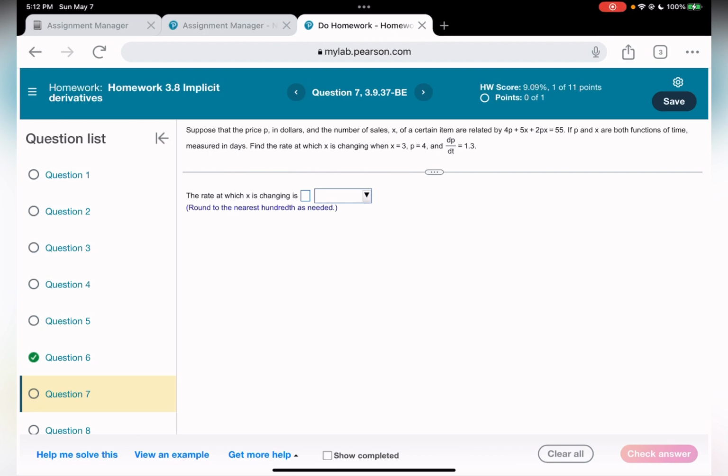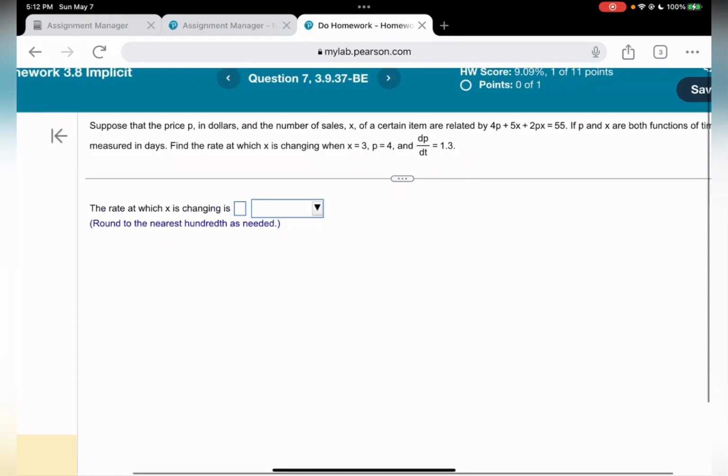So what do we have here? Suppose that price P in dollars and the number of sales X of a certain item are related by 4P + 5X + 2PX = 55.